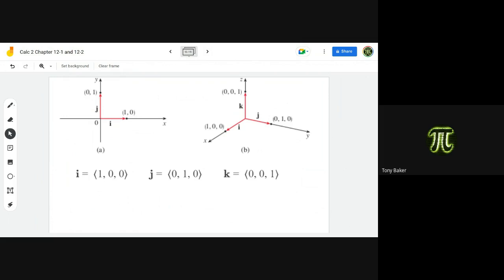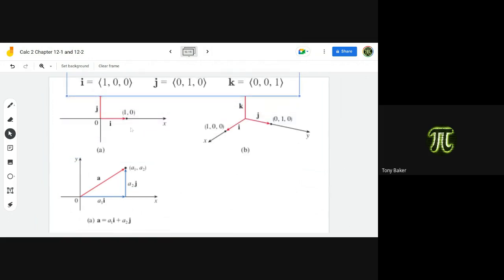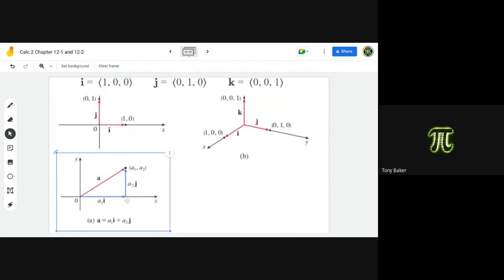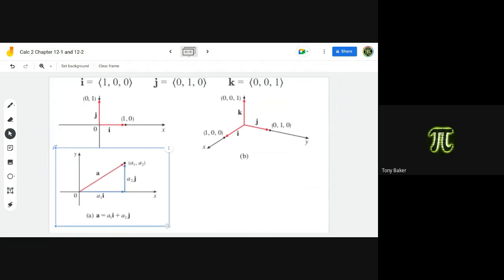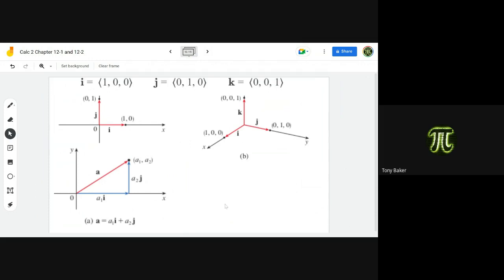If I wanted to take a vector, so here's a vector, a1, a2. Okay, that's my terminal point.